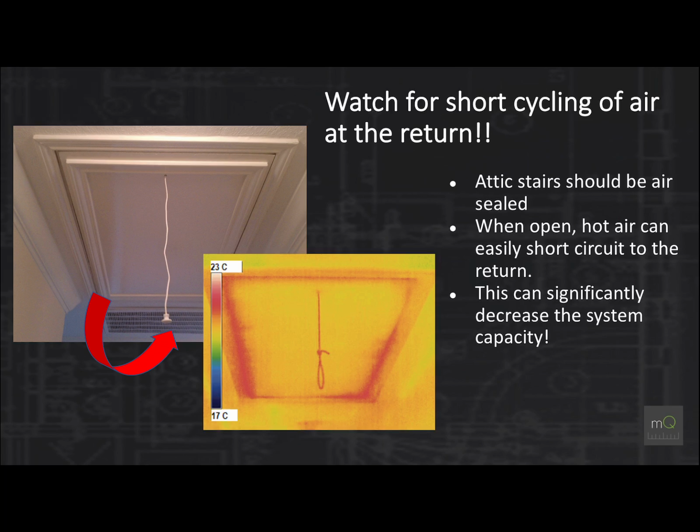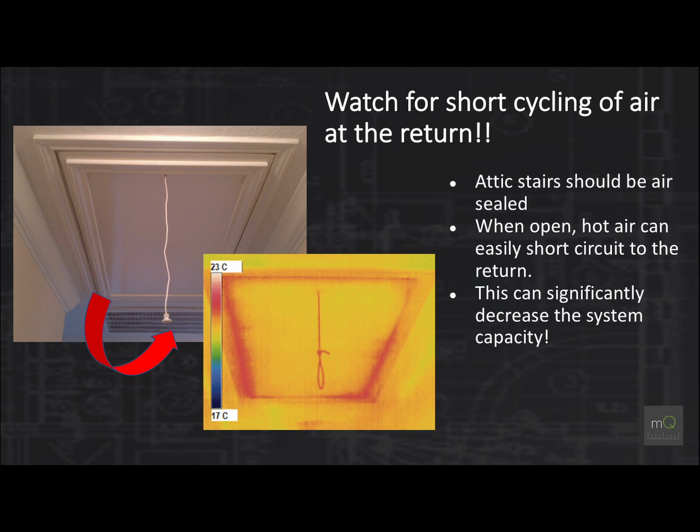Watch for short cycling of air at the return, right? You can see here I have a return behind an attic access. Now these aren't exactly the same, the thermal image is not the same as the picture, but it brings home the point. Attic accesses leak a lot, and your return pulls from a localized area.